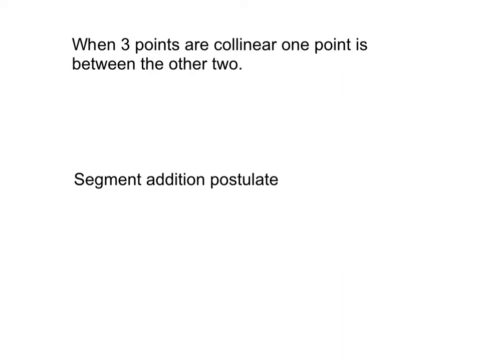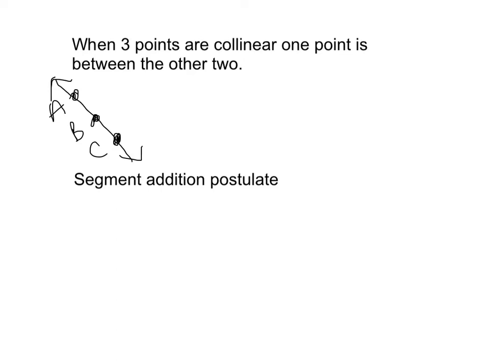When 3 points are collinear, one point is between the other two. Here's what this is saying. Let's say we have our 3 collinear points. We have A, B, and C. You can see they're all lined up together.